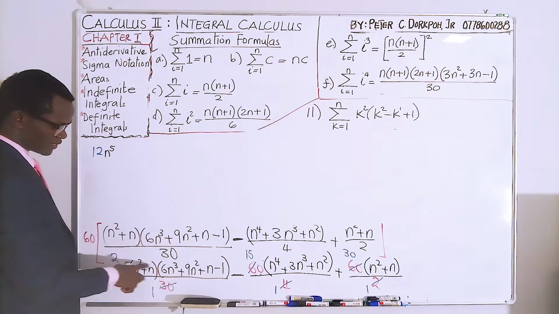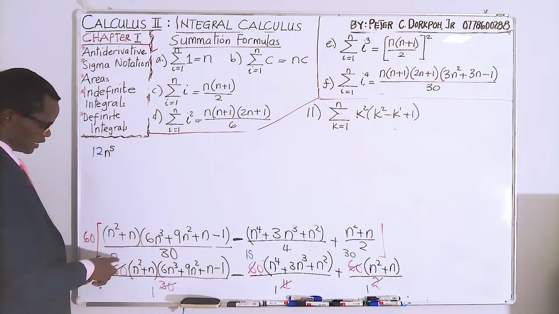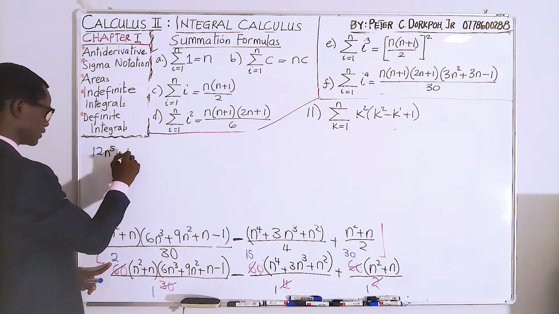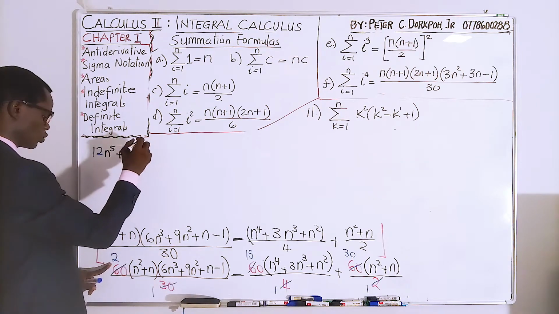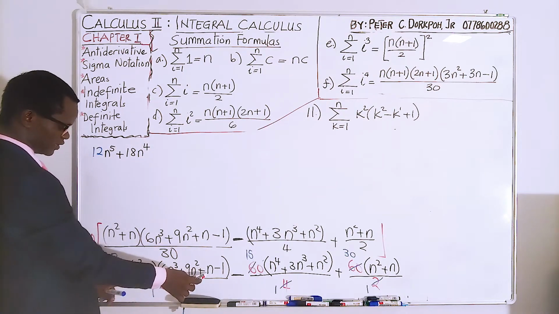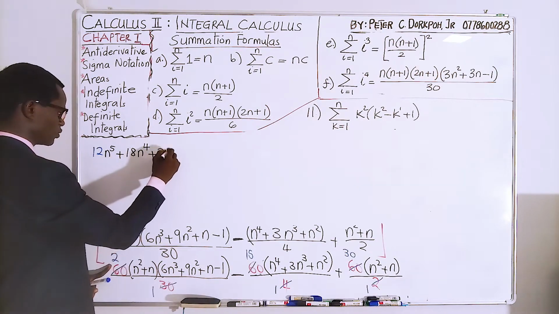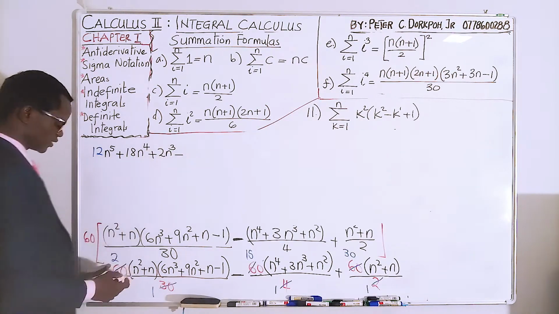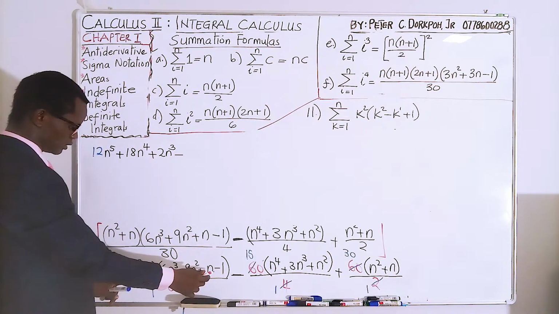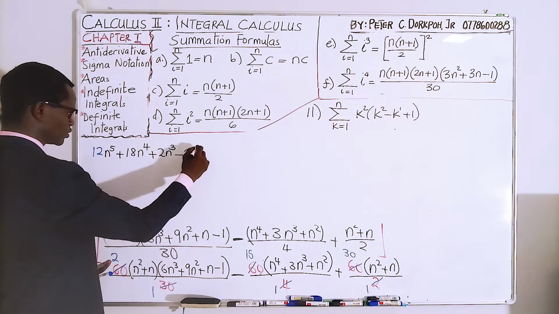Now n squared times 9n squared is 9n to the fourth power. 9 times 2 is 18n to the fourth power. n squared times n is n cubed, times 2 is 2n cubed. Minus n squared times 1 times negative 1 is negative n squared, times 2 is negative 2n squared.